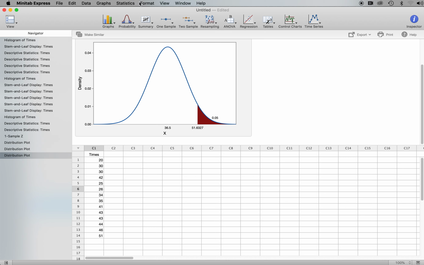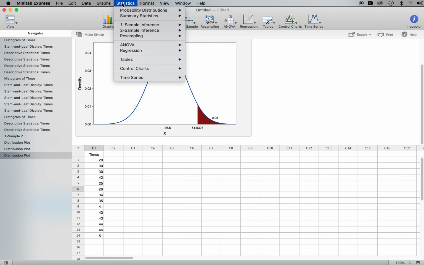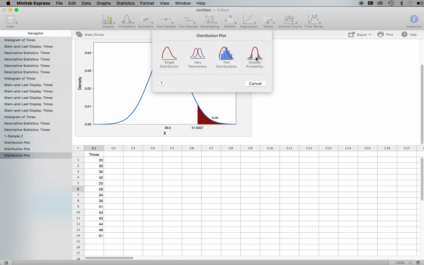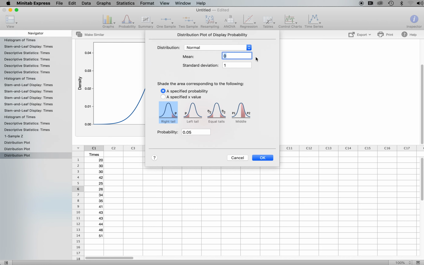Now, if I want to alter this and enter a specific time, I'm going to go back into my menu. I'm going to choose Display Probability, and choose Normal distribution. I'm going to enter my mean and my standard deviation. Now, if I want to select the time that it's greater than, I would choose a specified X value.